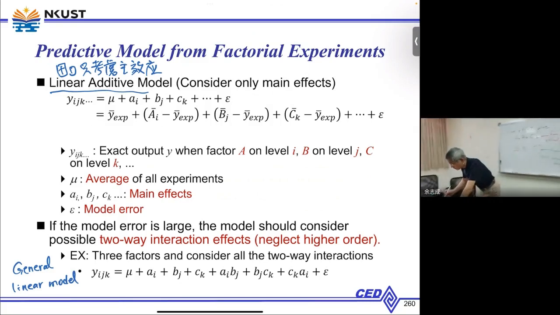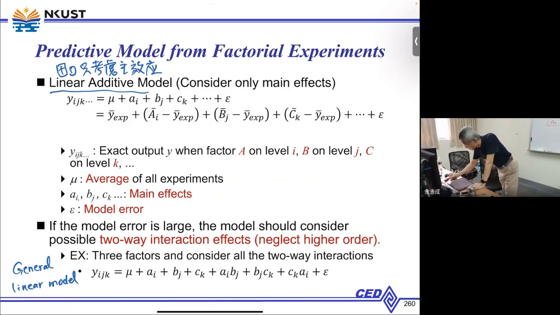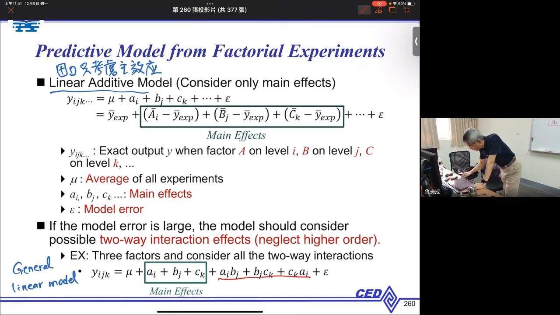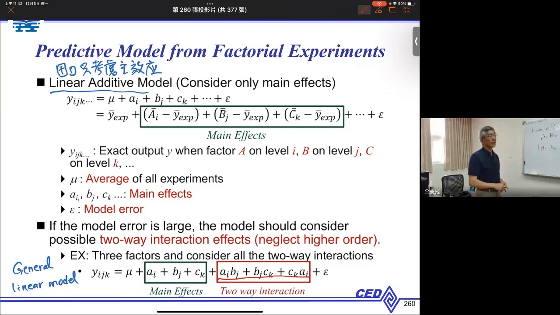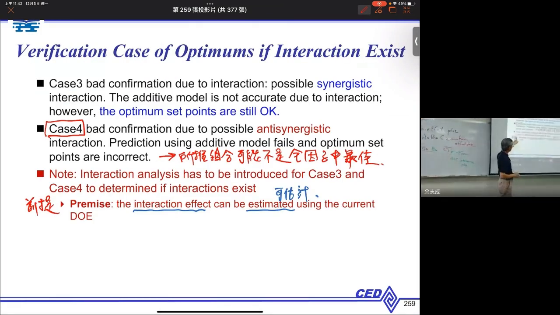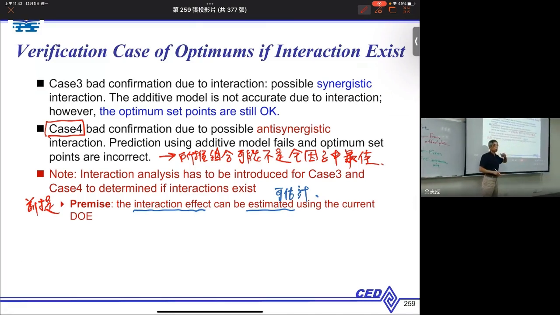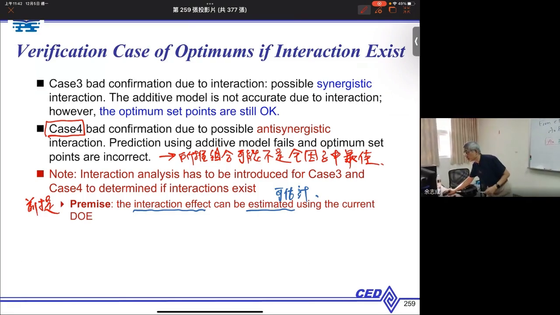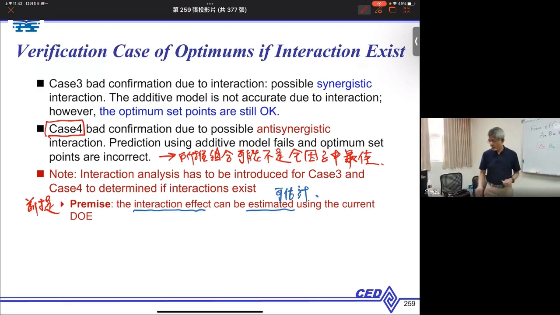But in the GLM, general linear model, these 3 are called two-way interaction effects. When you want to analyze the interaction, you have to make sure the interaction can be estimated. What do I mean by can be estimated? This conclusion will depend on your design of experiment.